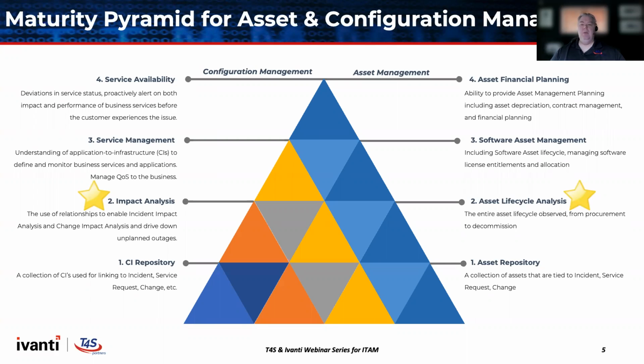So just a couple quick items for review, a few important points regarding the maturity pyramid. Our maturity pyramid here is arranged by outcomes. We think it's important that these outcomes are built upon each other, both from a process as well as a data perspective.